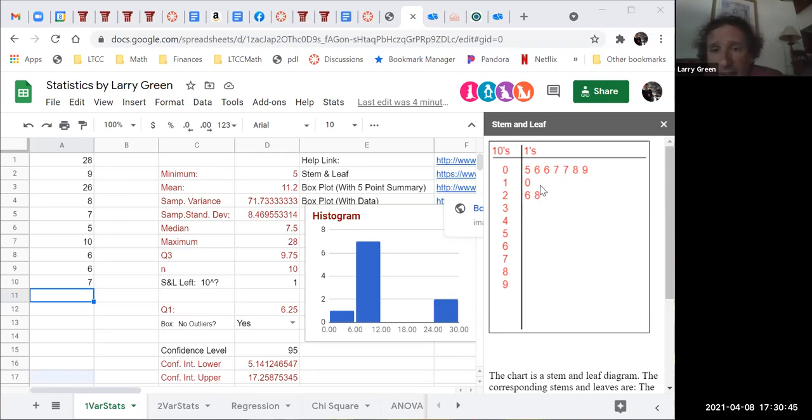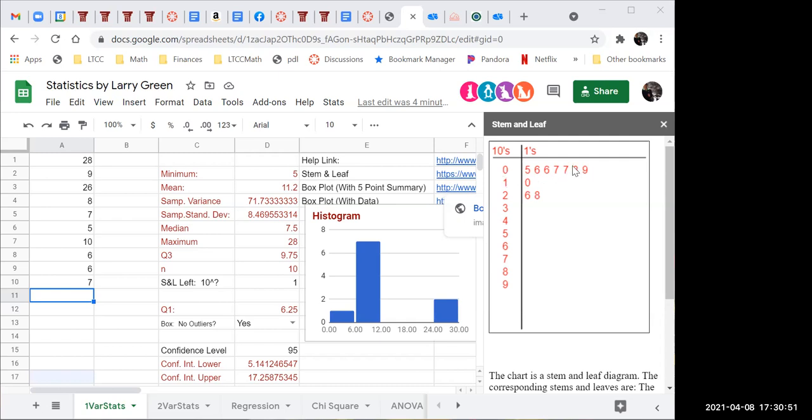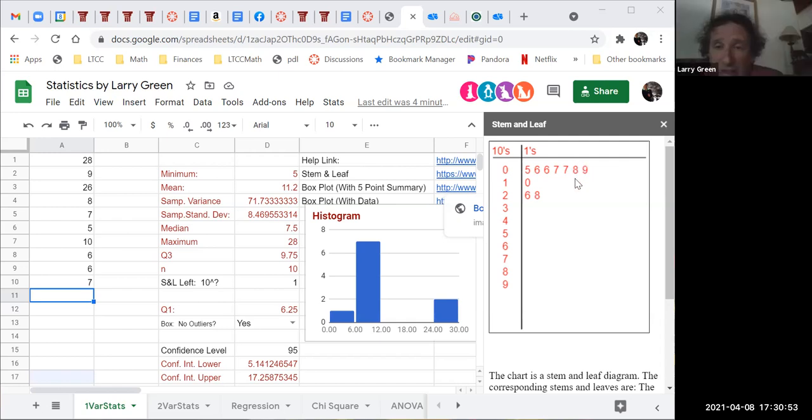On the other hand, with the stem and leaf, 8 is 0 tens and 8 ones. So there was one person who has 8 pairs of shoes. On the other hand, if I asked you how many people had 7 pairs of shoes? There were 2 people. Notice this number 8.